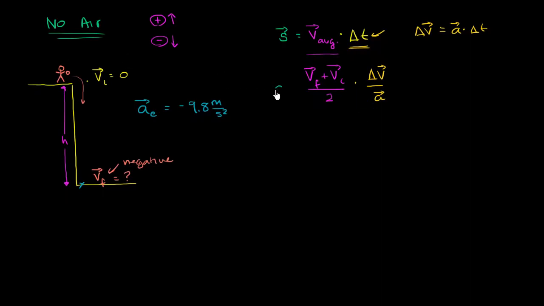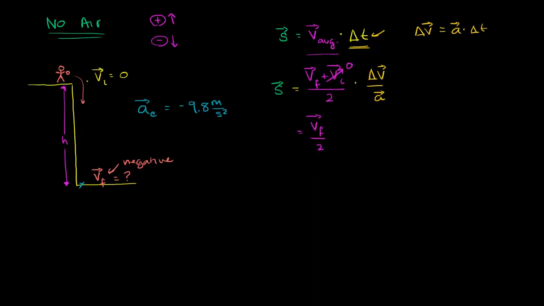Remember, I want an expression for displacement in terms of the things we know and the one thing that we want to find out. Let me take it step by step. We know that our initial velocity is 0. So for the first expression, the average velocity is going to be our final velocity divided by 2, since our initial velocity is 0.